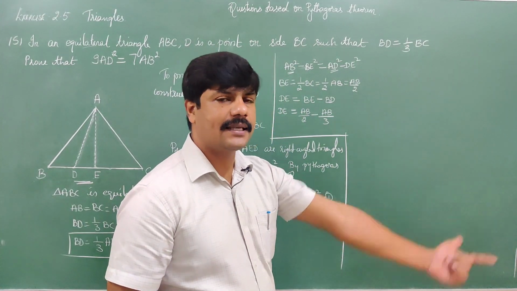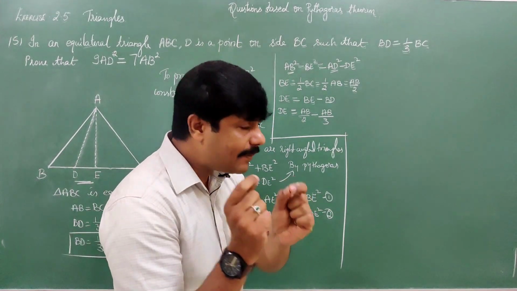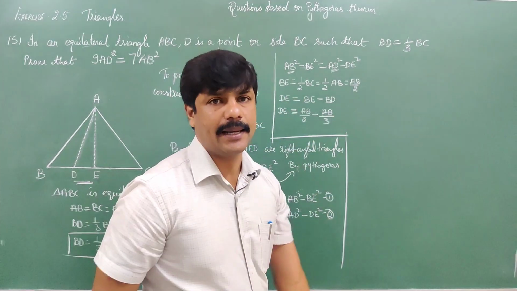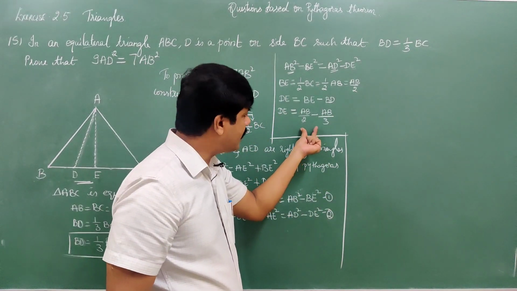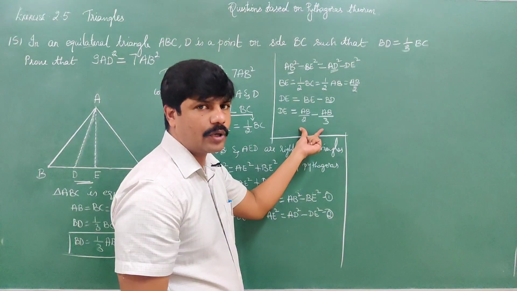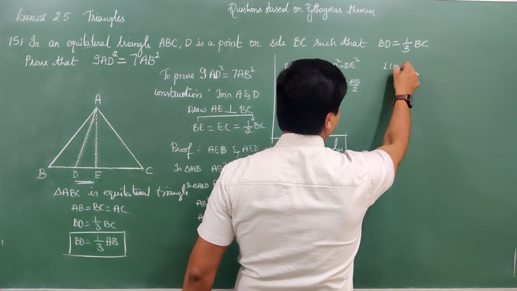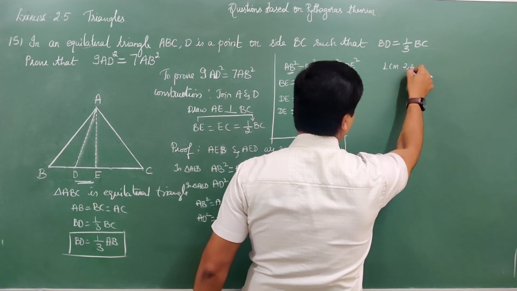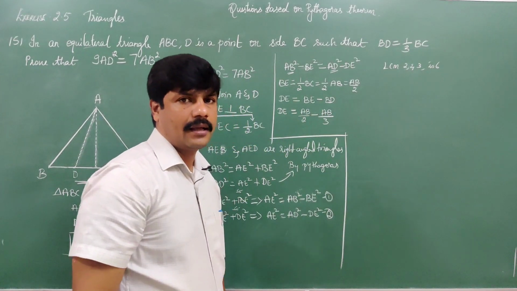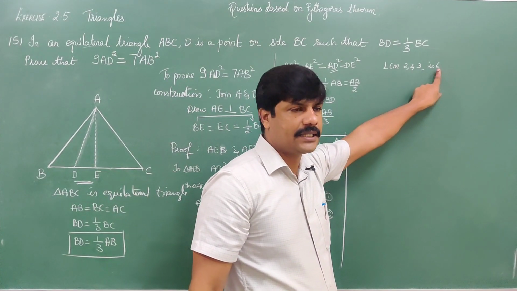The LCM of 2 and 3 is 6, because 2 and 3 are prime numbers.